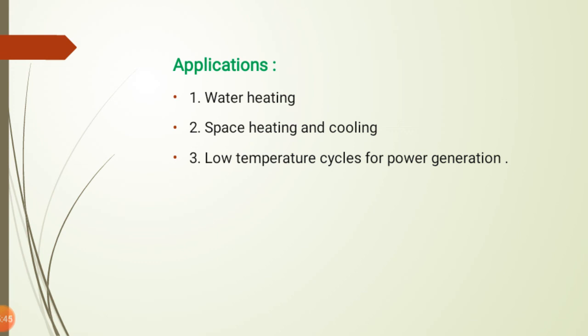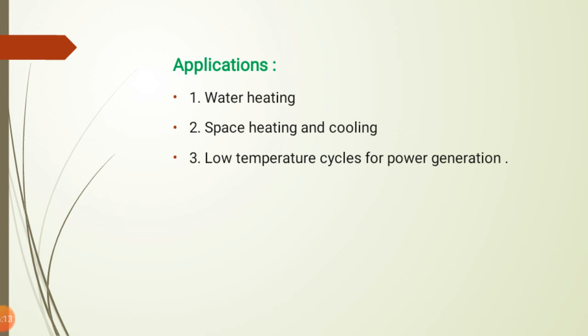That means in the winter season the liquid flat plate collector is used for space heating, and there are different applications, heating and cooling. The heat energy is also used for cooling, that means in refrigeration the liquid flat plate collector is used. The third is low temperature cycles for power generation.